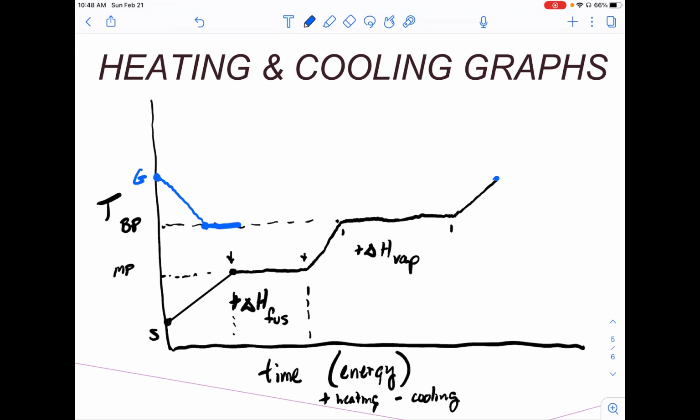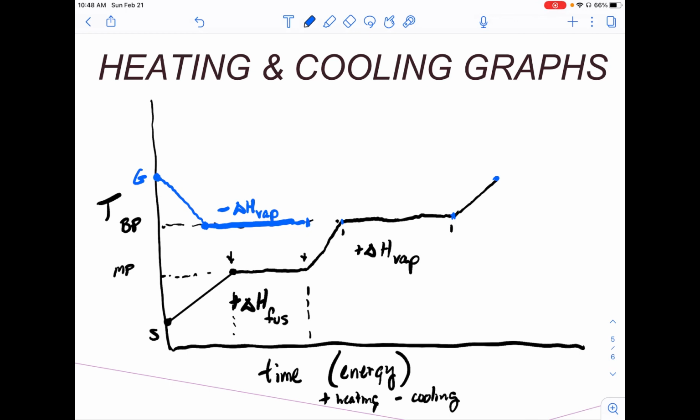So then we are going to give off the enthalpy of vaporization. And if I've done this right, the length of this line should be pretty much equal to the length of that line, assuming we're cooling at exactly the same rate that we're heating. The reason the length of those lines might be different is if you're heating or cooling at a different rate, but the actual amount of energy would be the same.